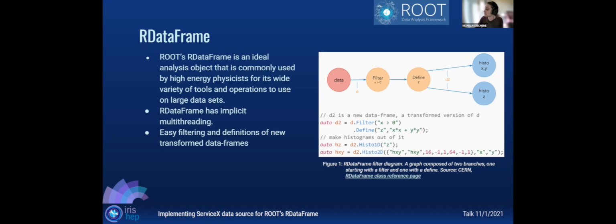This image to the right is from ROOT's class reference page, and it shows how an RDataFrame is structured pretty well, and how easy it is to make filters and definitions of data and do all kinds of stuff with data. It also has implicit multi-threading for fast parallel computation, so that if you're working with millions of events, it's being efficiently processed.